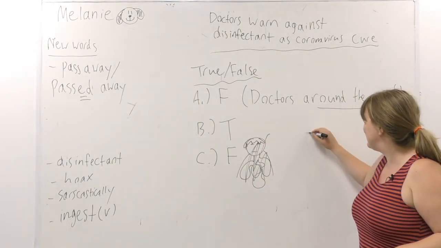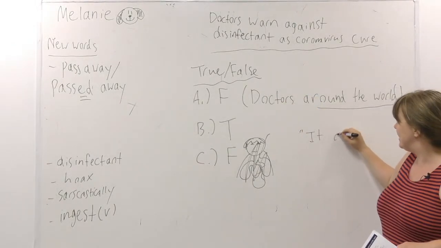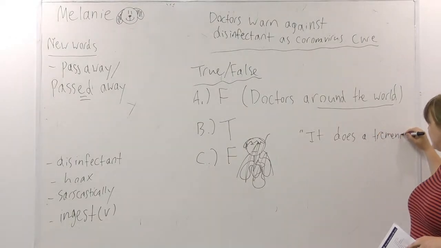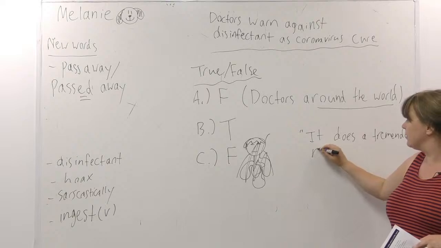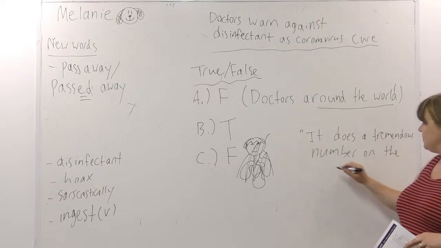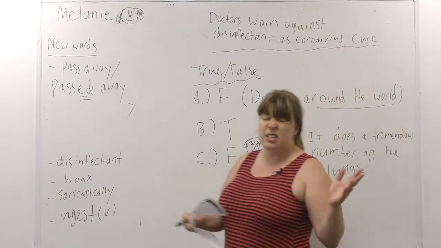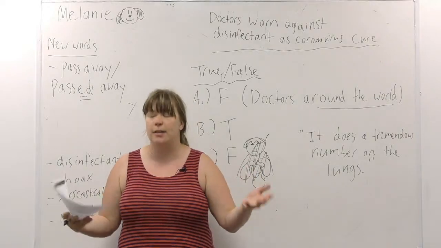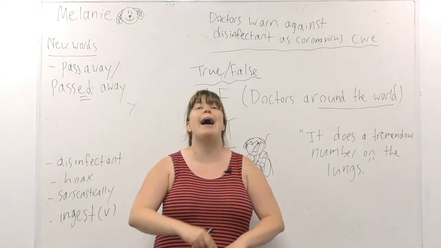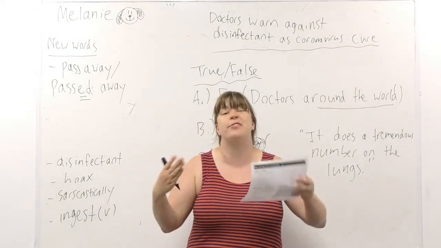He said, cleaning disinfectant, it does a tremendous number on the lungs. So what does that mean? This is an expression. To do a tremendous number on something means to have a big effect or to do a lot of damage.